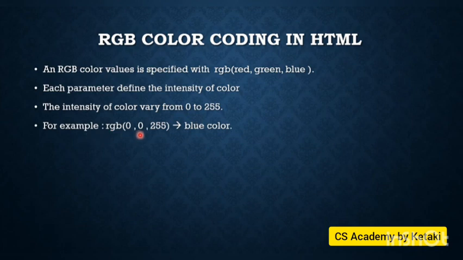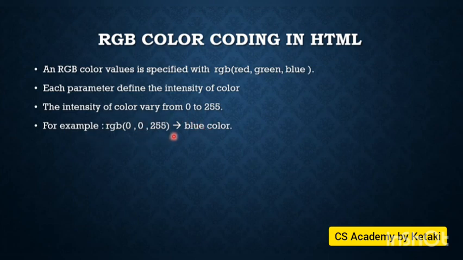Next example, this is the syntax. The first value represents red color, the second value represents green color, and the last one represents blue color. 0 is nothing and 255 is the highest intensity. So red is 0, green is 0, and blue is set to high intensity. So this property represents the blue color.